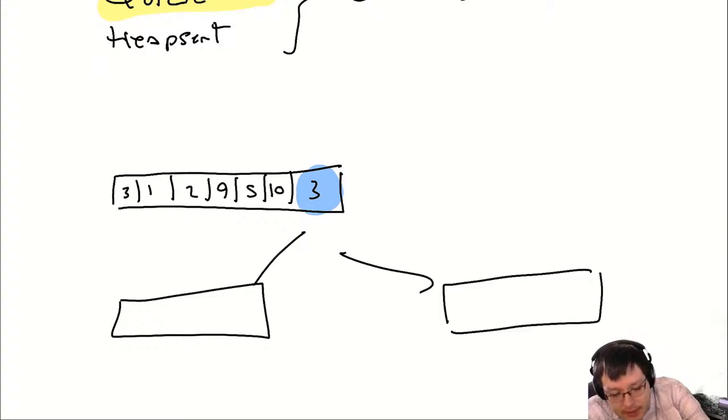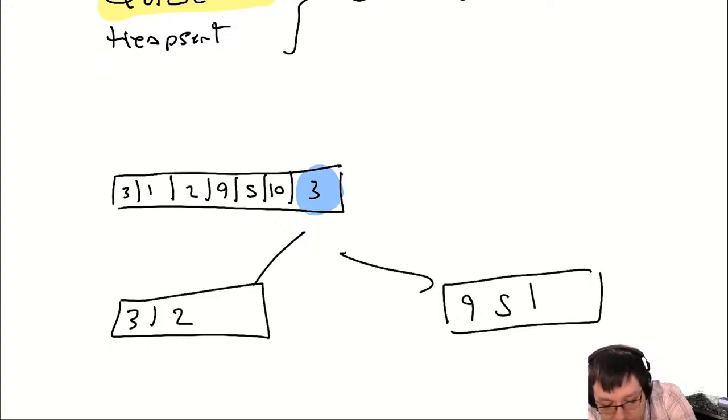Anyways, 3, with duplicates, just pick one side, put them on the left side, why not? 1 is also small, 2 is small, 9 is bigger, 5 is bigger, and 10 is bigger. So that actually turned out pretty well. I did not expect that, but it split them very nicely into halves.